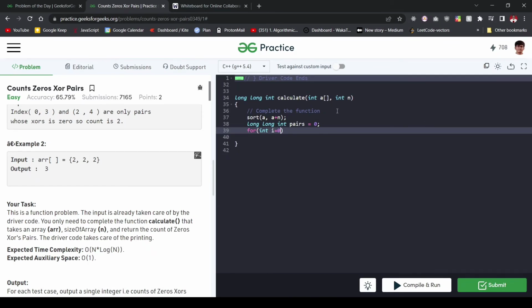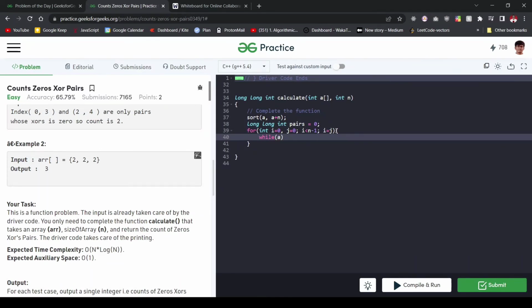So we'll have int i equal to 0, j equal to 0, and i less than n minus 1. We are iterating i till n minus 1 because it is our index j which would be performing the compare operation, and we would be incrementing j. So every time we find an element which is not equal, we'll be resetting j. That's why we'll be writing i equal to j as our incrementing condition.